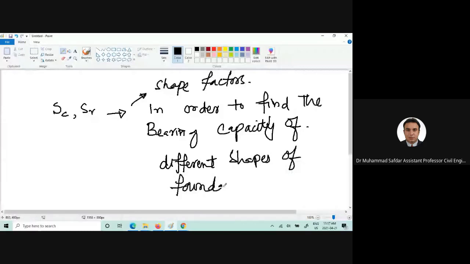So SC and S gamma were the two shape factors which were proposed by Terzaghi.